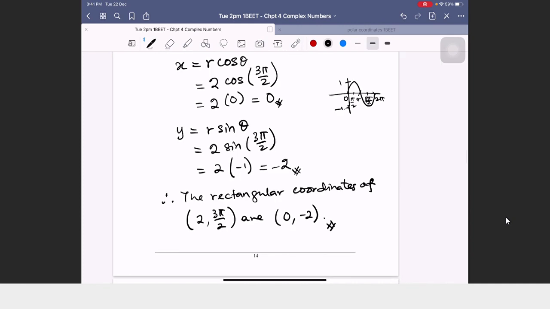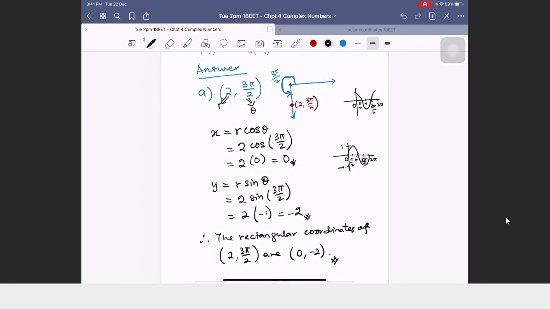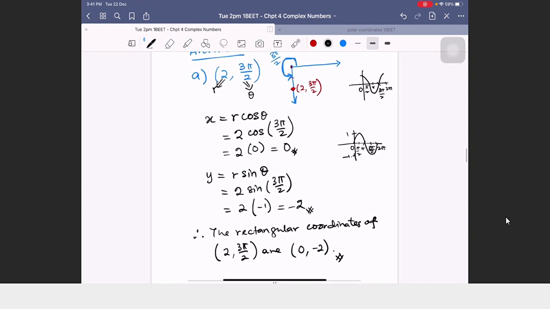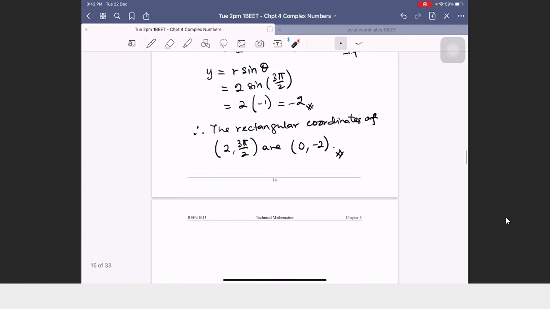So you got that 0, minus 2, like what you said just now, because it's logic, eh? So that's how we actually use the conversion formula: x equals r cosine theta, y equals r sine theta.